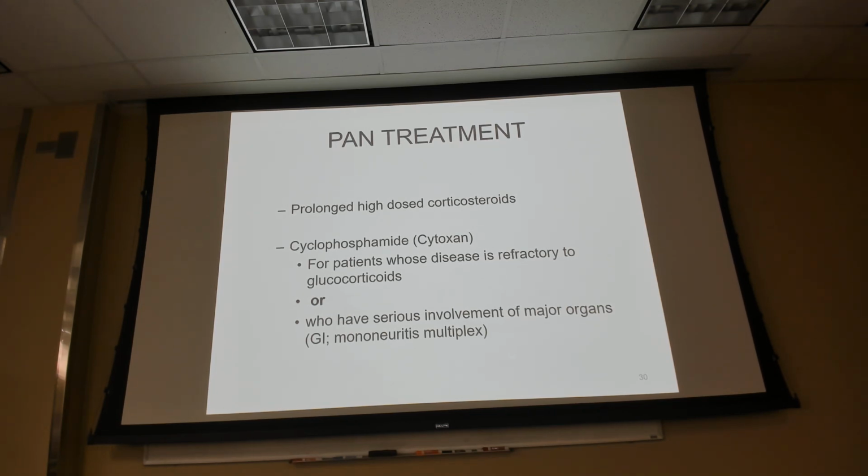We will use that if they have a glucocorticoid history, so that we don't want to push that first because of their history. We would then use the other one if they have that history, but also if they're having multiple serious involvement of our organs, because we have to protect those.